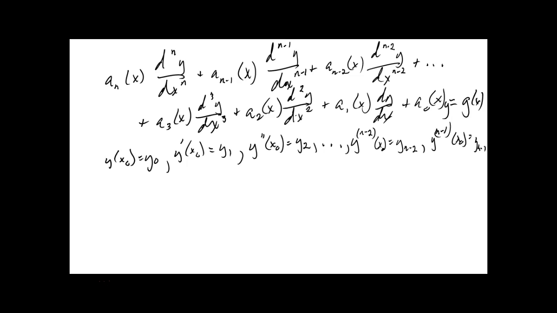Now, back in section 1.2, we stated a theorem that gave conditions under which existence and uniqueness of a solution of a first order initial value problem were guaranteed. The theorem that follows gives sufficient conditions for the existence of a unique solution.